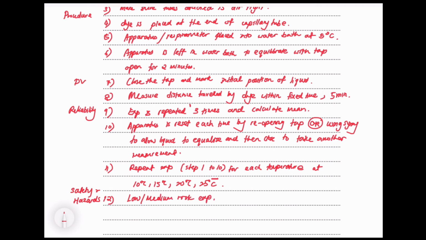So we can conclude by saying that this is a low or medium risk experiment, but remember to mention about this hazard that is present and the safety precaution. So any chemicals, enzymes or solution that you're using, we can always mention that it's irritant or harmful irritant.